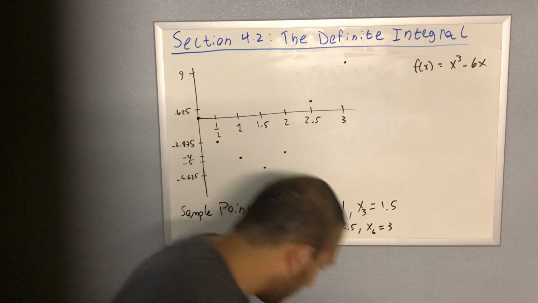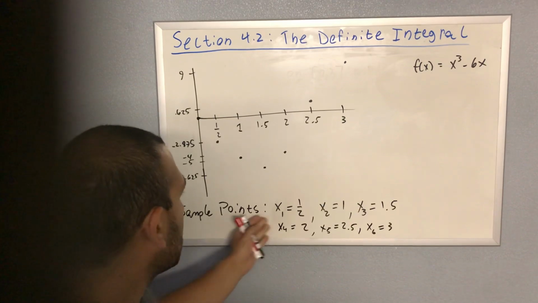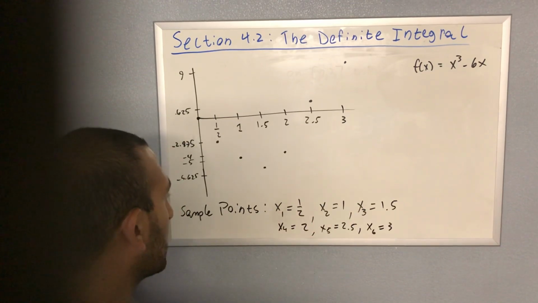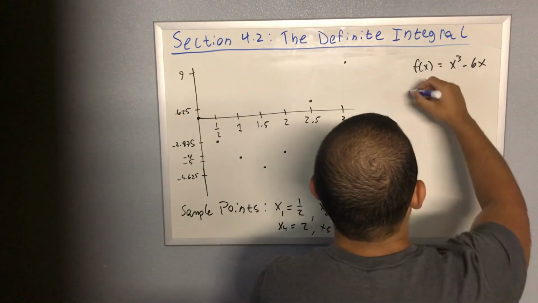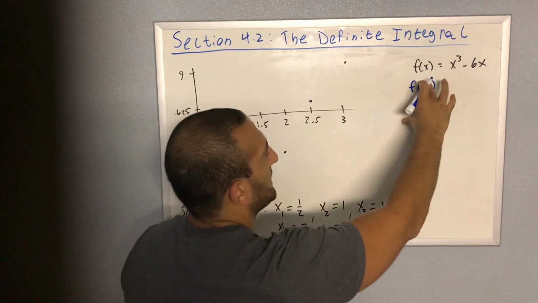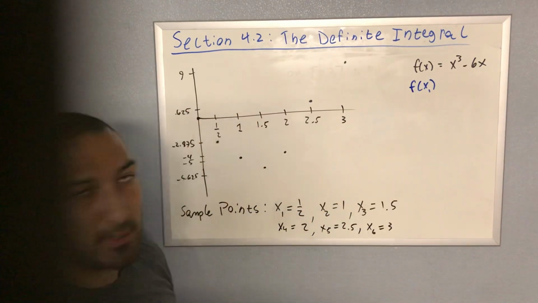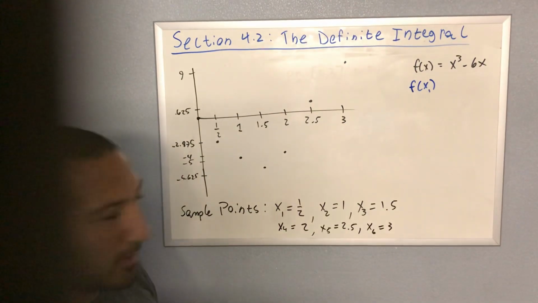Okay, and so we can make a list of the sample points, and we have corresponding outputs for them now too, right? So for example, f of x1. Normally we would have a star here, but star meant an arbitrary sample point. We're using the right endpoint, so we don't need the star anymore. We know what it means.